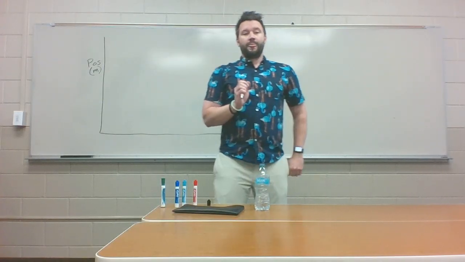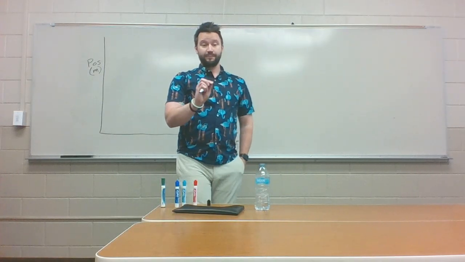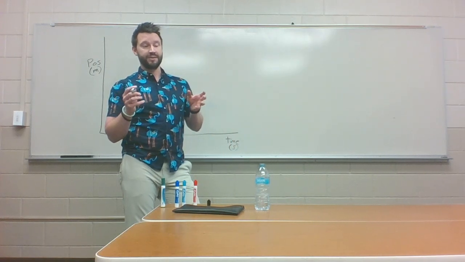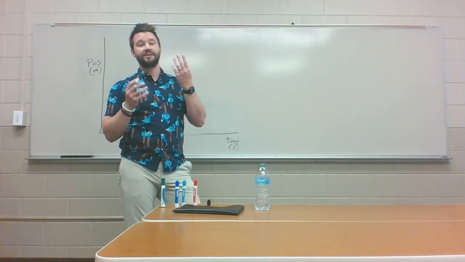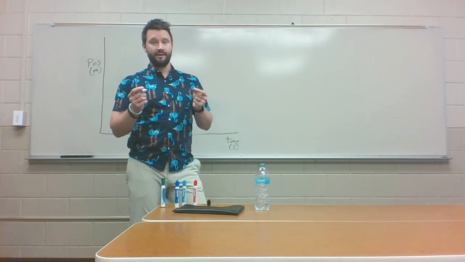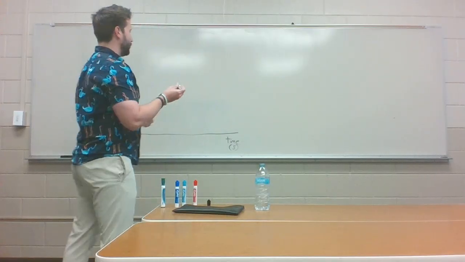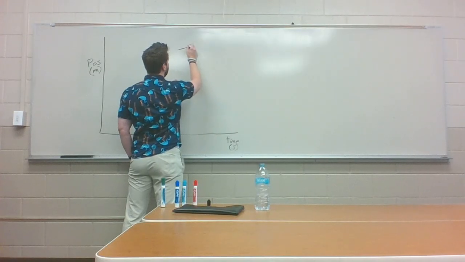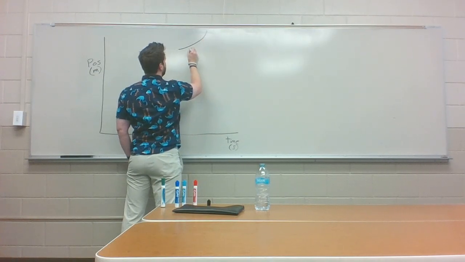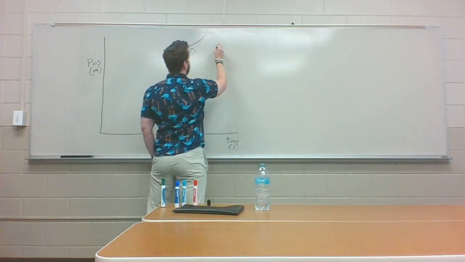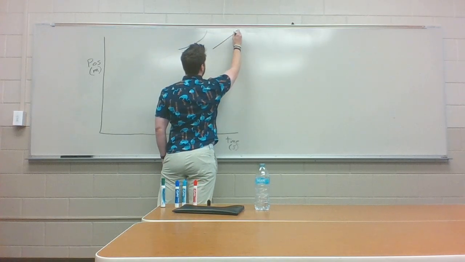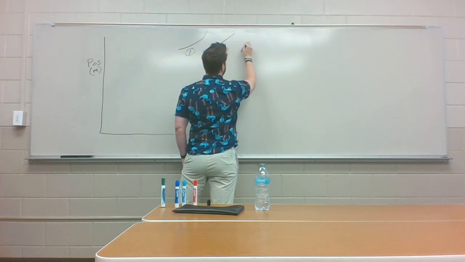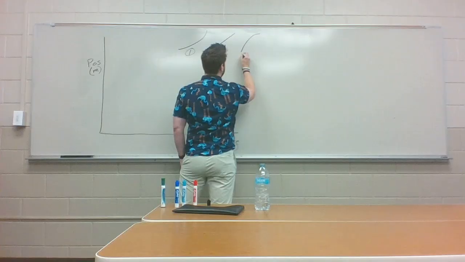Now, in the position graph, we are going to build this out every single time using a series of three types of lines. The three lines that you will see. We have line number 1, line number 2, and line number 3.